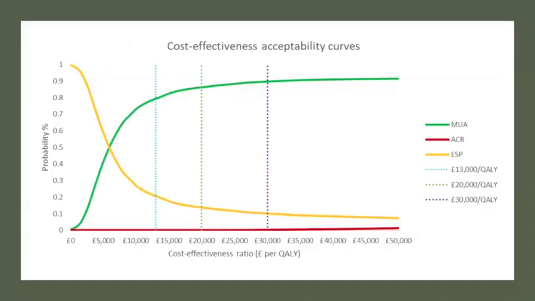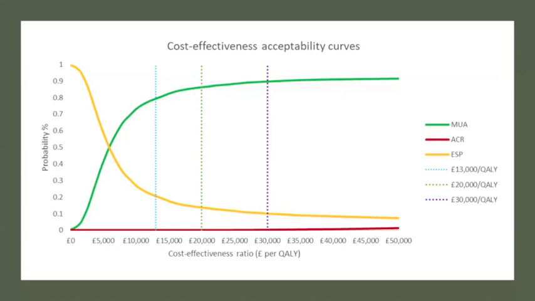So when we plot this on a cost effectiveness acceptability curve, the results are quite interesting. The y-axis shows the probability of an intervention being cost effective, and the x-axis shows the willingness to pay threshold. Within the UK, NICE defines spending up to 20 to 30,000 pounds per quality-adjusted life year gained as being acceptable.